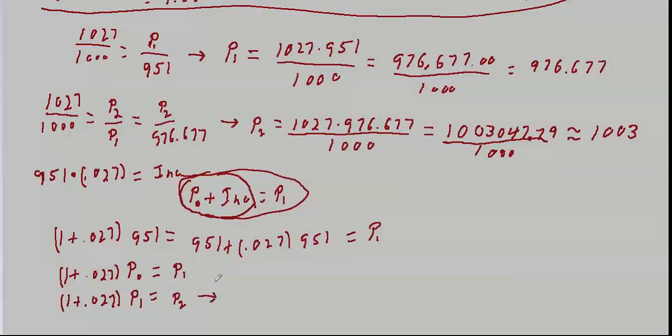Let's try it. We get 1 plus 0.027 times, now we substitute. And this is 1 plus 0.027 again.